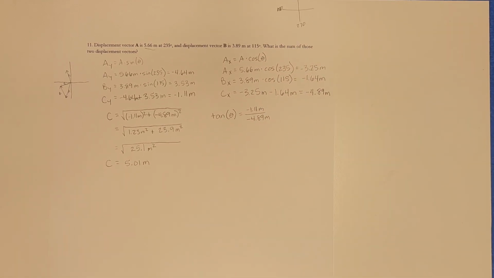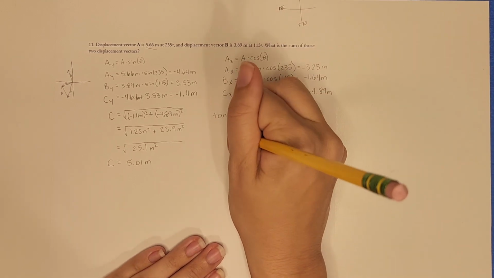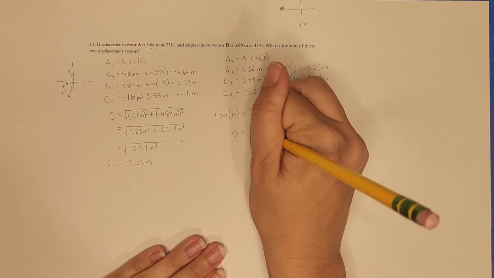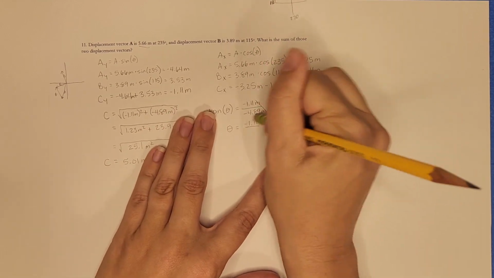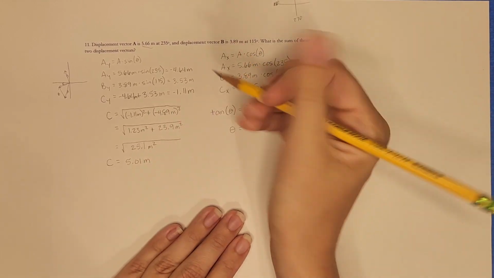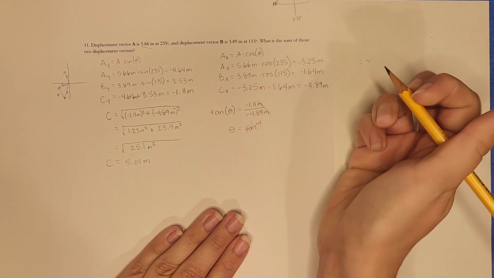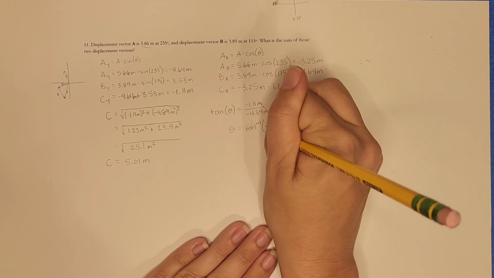Now, like I told you before, I like to just go ahead and do all of this at once. So I'm just going to cancel these meters and then rewrite this. Angle is, oh, sorry, I messed that up. The inverse of my tangent, right? And then negative 1.11 divided by negative 4.89.